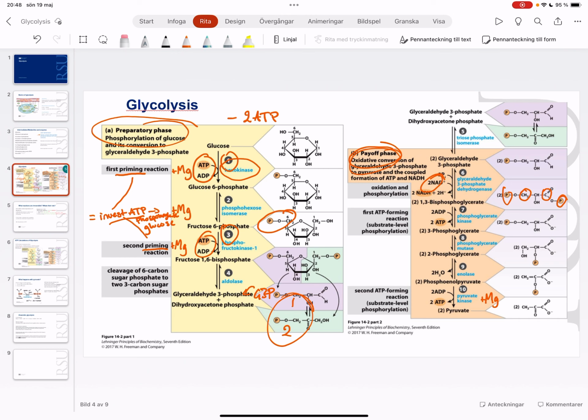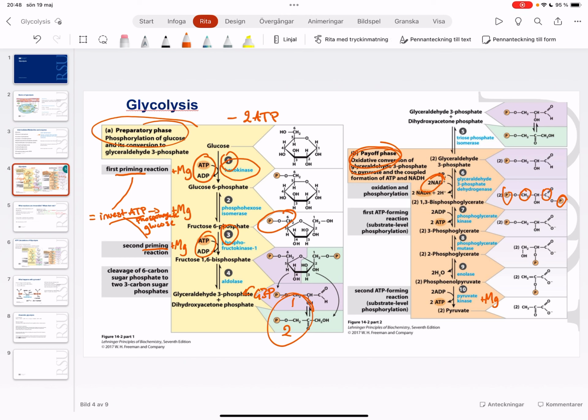And this is what substrate level phosphorylation is. It's basically you have a molecule, then you add a phosphate to it and you get ATP. That's substrate level. And yeah, so here you will get your first ATP.